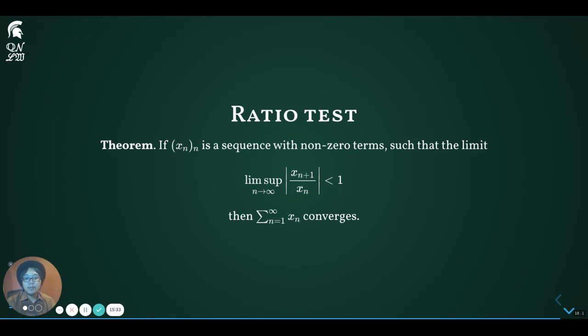Remember, any eventually bounded sequence has a lim sup, so this is a much less restrictive assumption than requiring the limit to converge. Before going on to show you the proof, I want to mention in passing that the divergence statement for the ratio test would say that if the lim inf of the sequence of ratios is bigger than 1, then the series diverges.